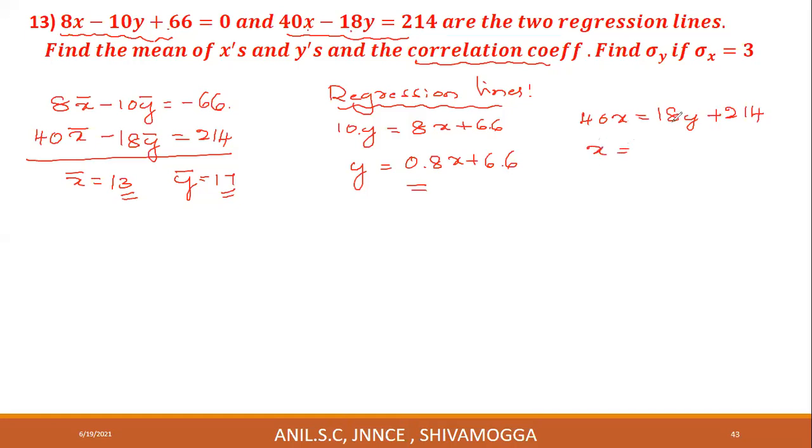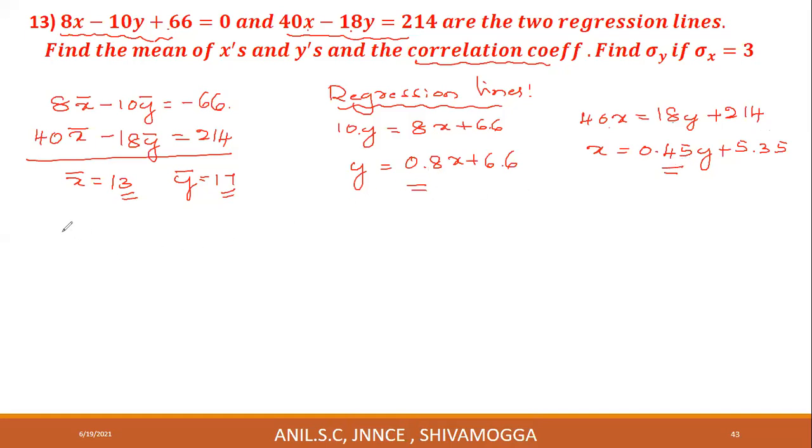Therefore, x is equal to 18 divided by 40 y plus 214 divided by 40. 18 by 40 is 0.45, so 0.45 into y plus 214 divided by 40, which is 5.35. These are the two given regression lines.